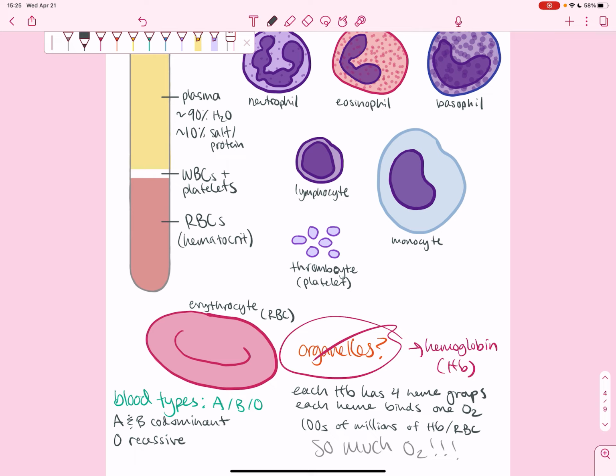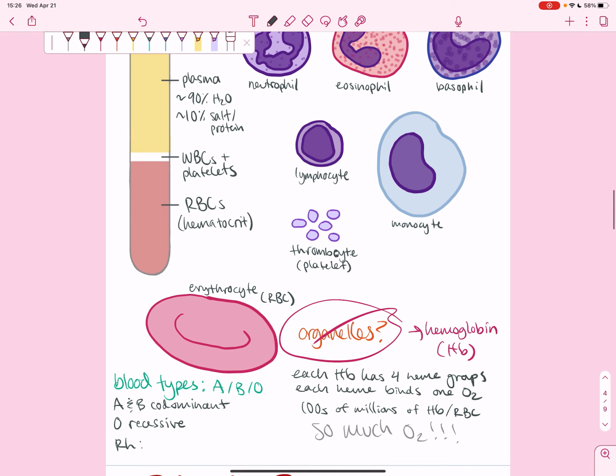So that's the positive and negative part of your blood type. So Rh, positive, negative. Rh just means rhesus monkey, because this positive and negative factor was first discovered or first studied in the rhesus monkey.